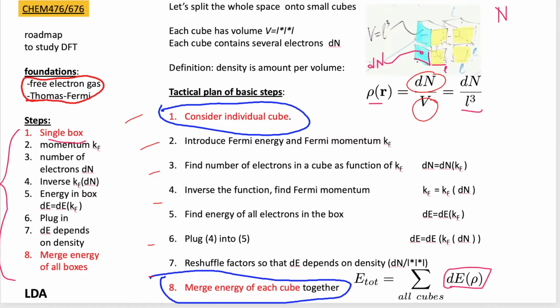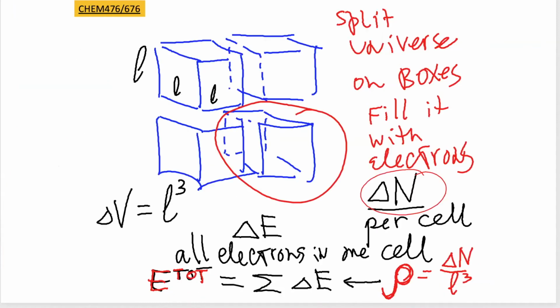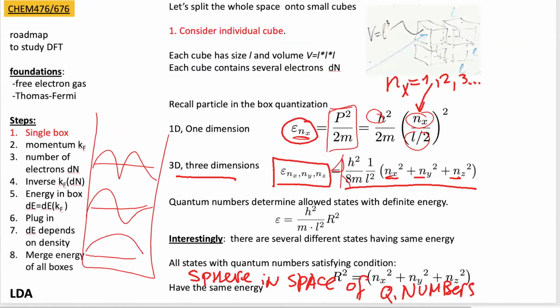So we introduce that all electrons in one cube have energies with symbol dE, and then we perform summation and tell that it will be total energy. Okay, start, set, go. Density, particle in the box.